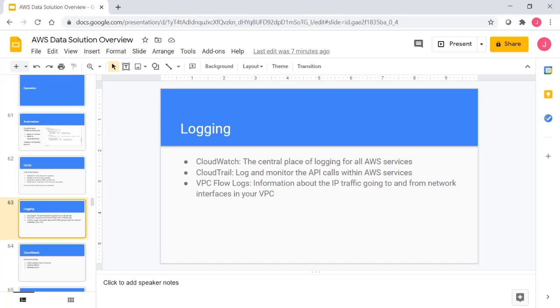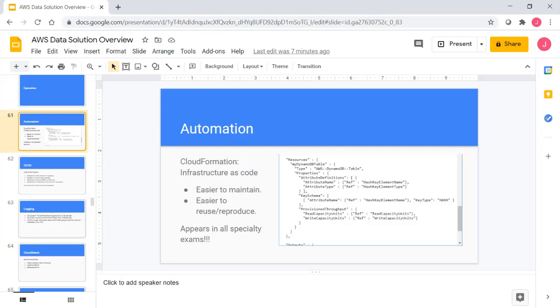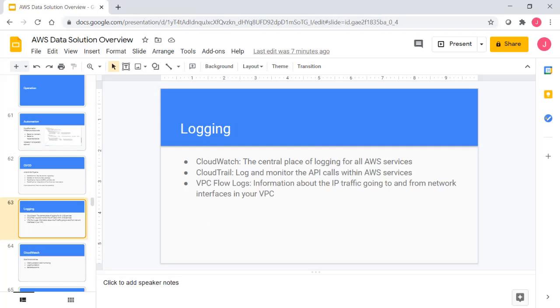All these topics will show up once or twice in any given specialty exam. So like data analytics exam or database exam, typically in each exam, you will see one question or two regarding CloudFormation. You will see one question or two regarding CloudTrail, and probably 2 to 3 questions regarding CloudWatch.